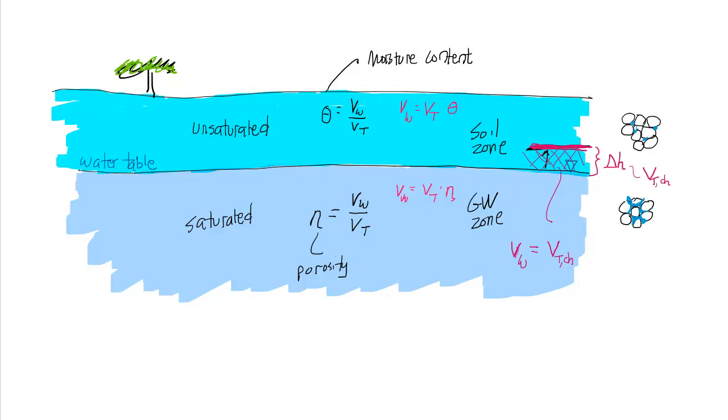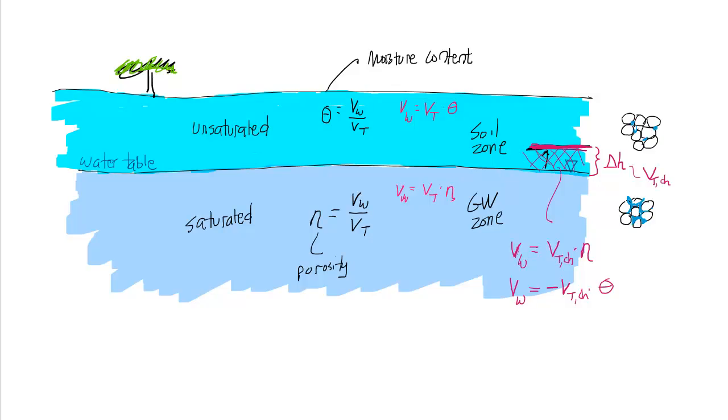We increase the amount of water we can store in the pores in the saturated zone by multiplying that by the porosity, but we also decrease the amount of water that is being stored in the soil zone because we have a smaller amount of soil zone, right?